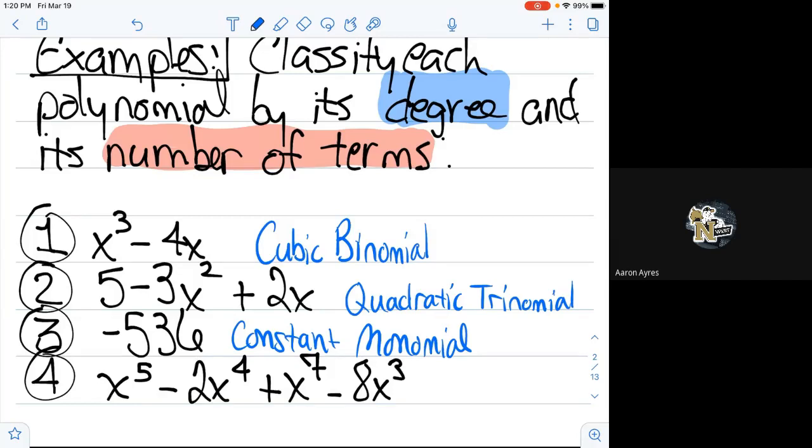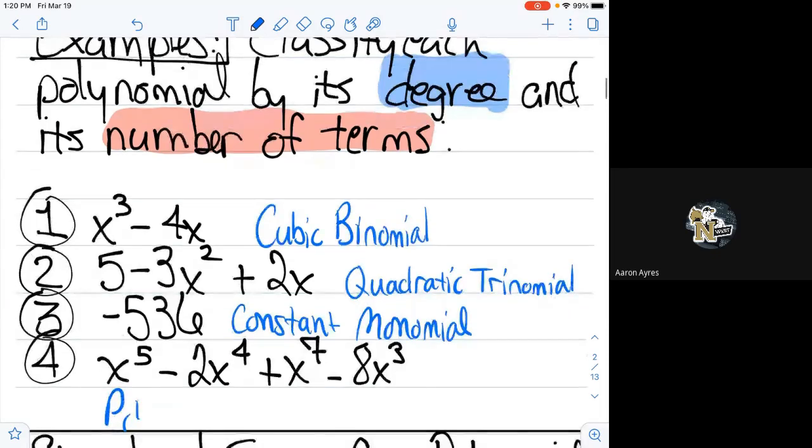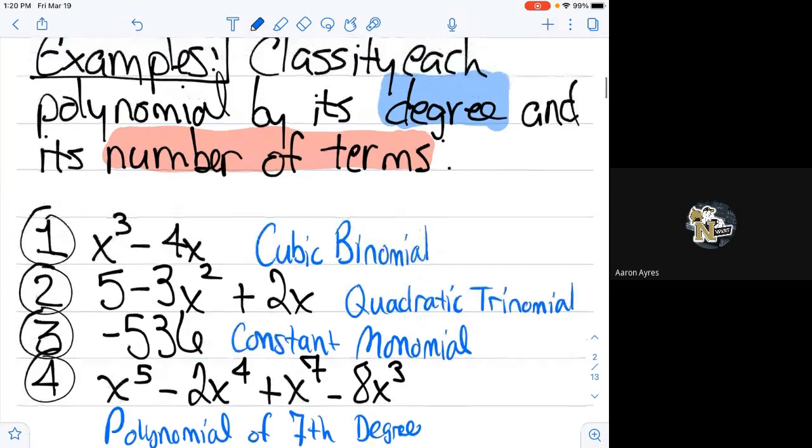Because the highest exponent on x is 7. Okay? All right, good with that? Grab a picture of this.